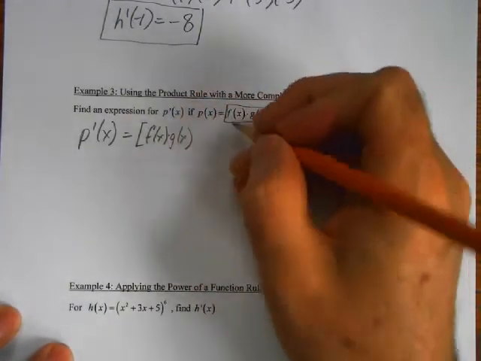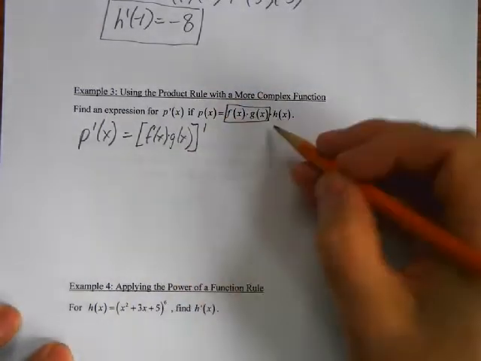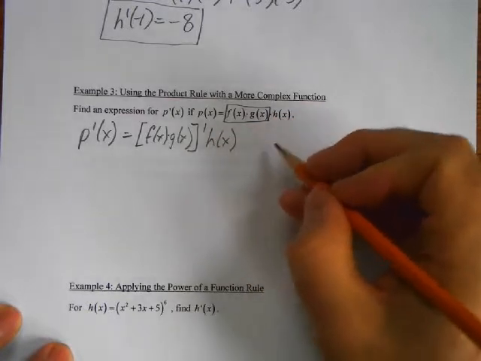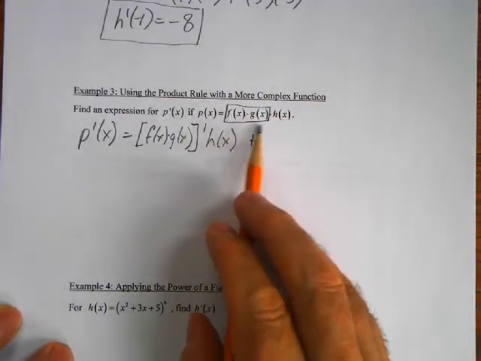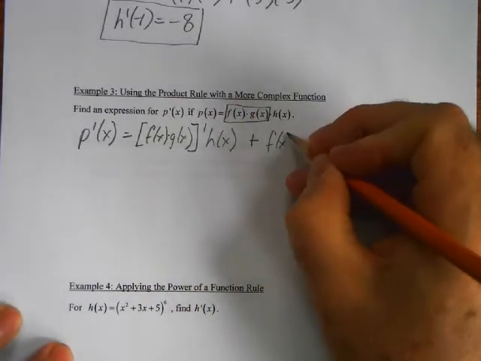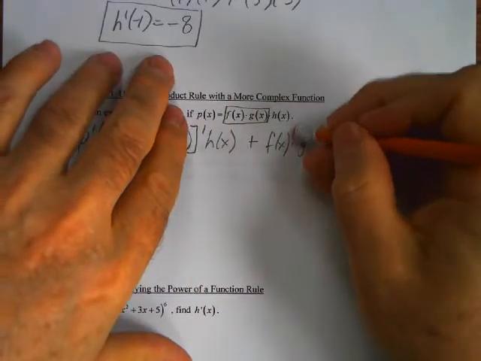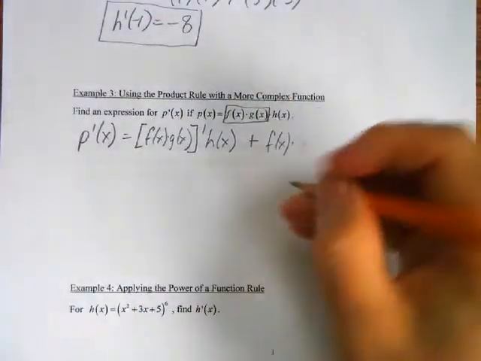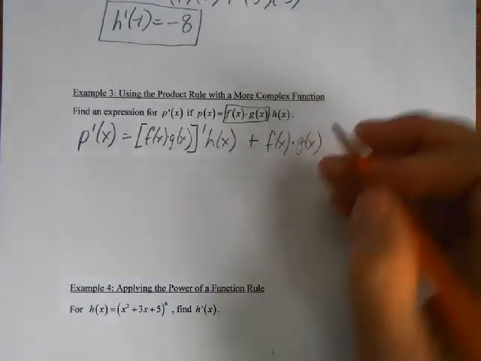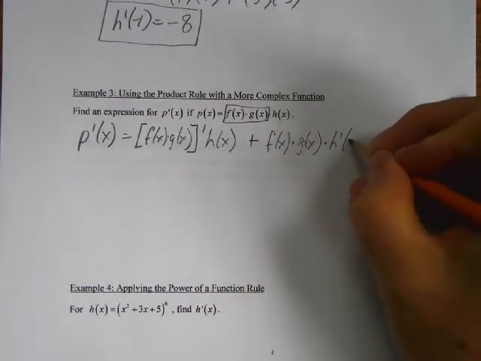That's multiplying. We're taking the derivative of whatever that is, and then multiply with h of x. And then we add, so again, if that's the first function, we take that, so f of x times g of x. We need that bracket there. And then you multiply by the derivative of h, so that's times h prime of x.